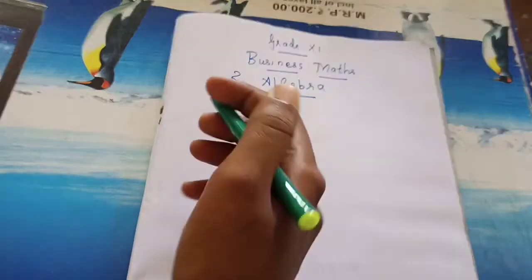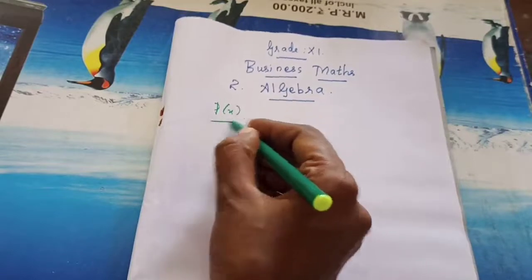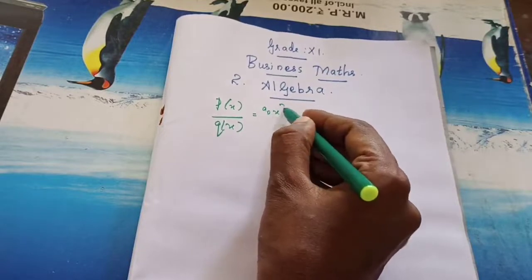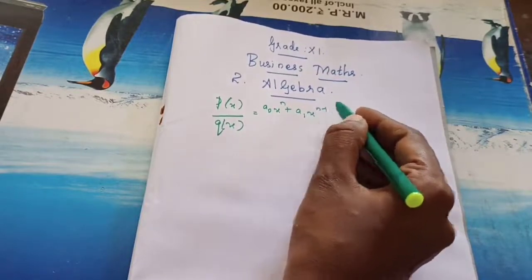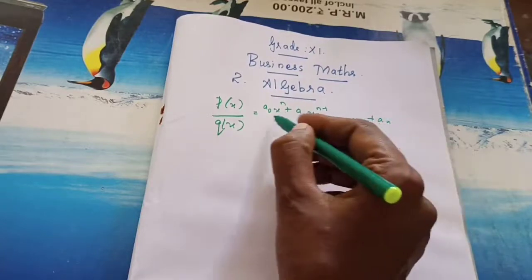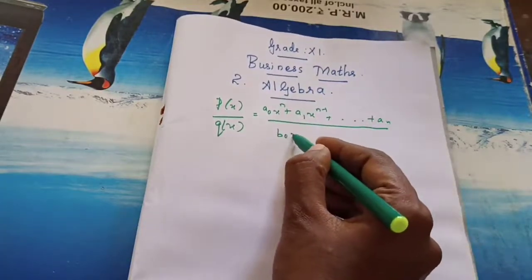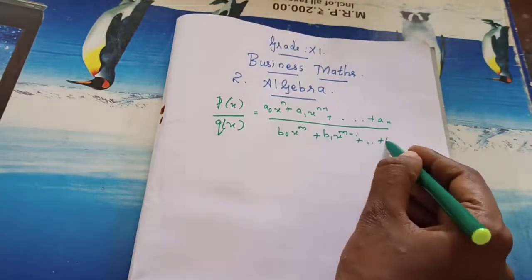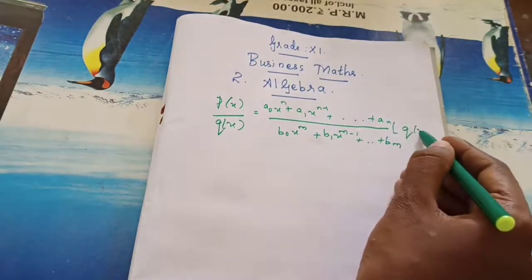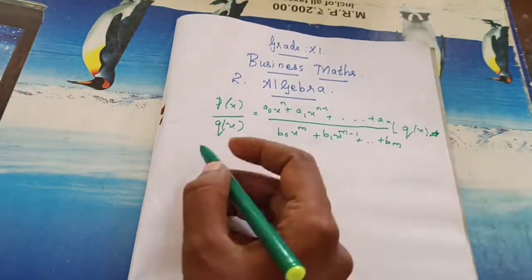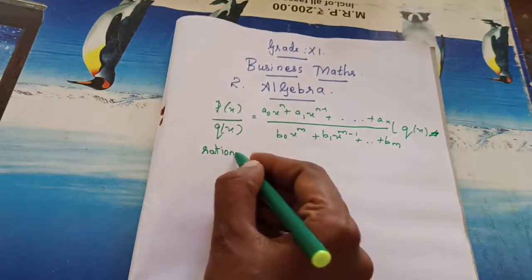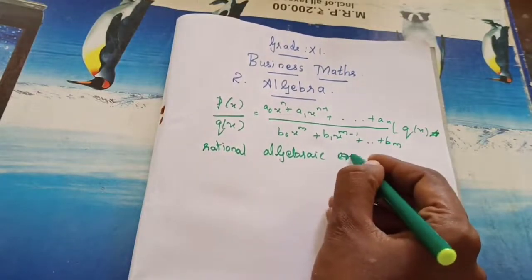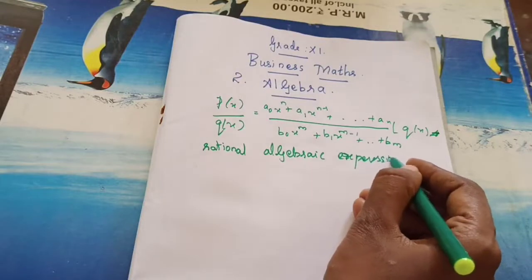An expression in the form of p of x divided by q of x, where p of x is a polynomial, maybe a naught x power n plus a1 x power n minus 1 plus etc plus an, divided by b naught x power m plus b1 x power m minus 1 plus etc plus bm, and q of x is not equal to 0, we will say it's a rational algebraic expression.